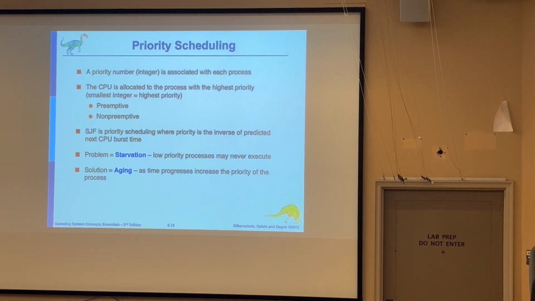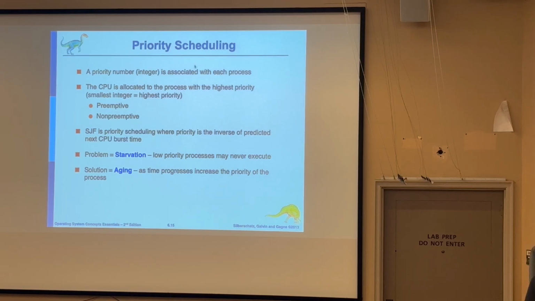But very often, like in Unix and in Linux, you will see that every process has a number. In Unix, it's a priority number. In Linux, people call it a nice number, NICE. But they are essentially priorities associated with each process.